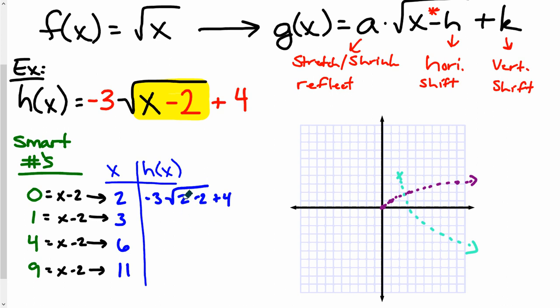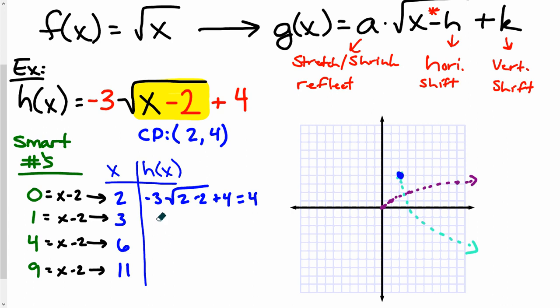So I need to do that first. 2 minus 2 is 0. The square root of 0 is 0. Negative 3 times 0 is, you guessed it, 0, and 0 plus 4 is 4. So my first point is my critical point, 2, 4. And that is exactly where I had guessed that it was going to be. Okay? So maybe I'll even go up here and say 2, 4 is my critical point.